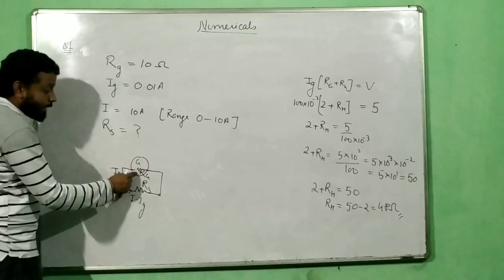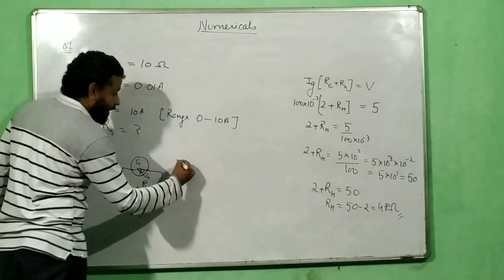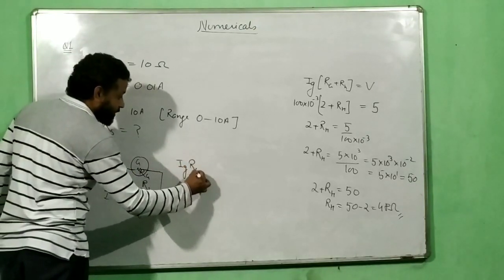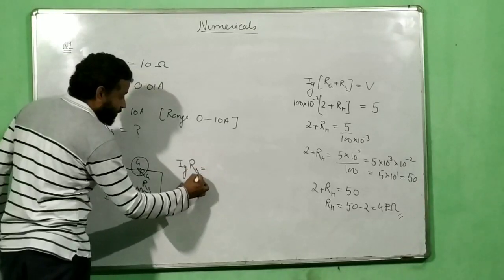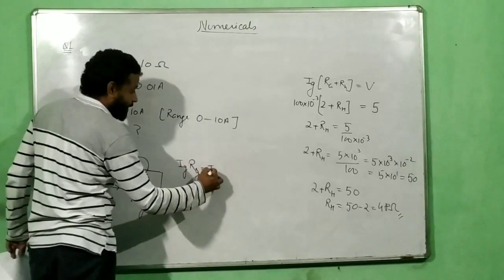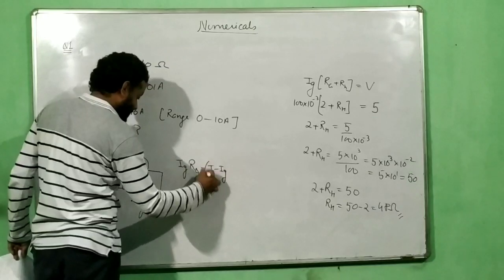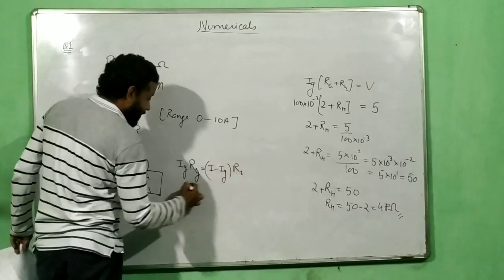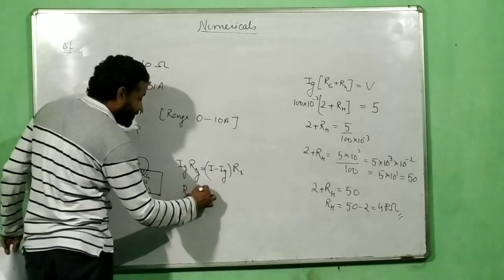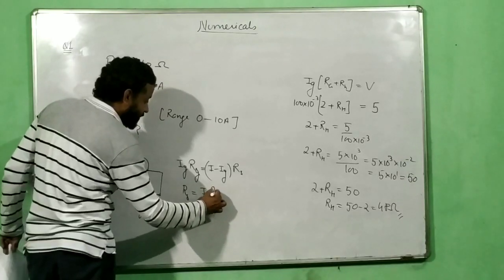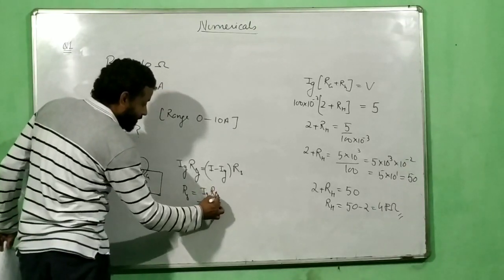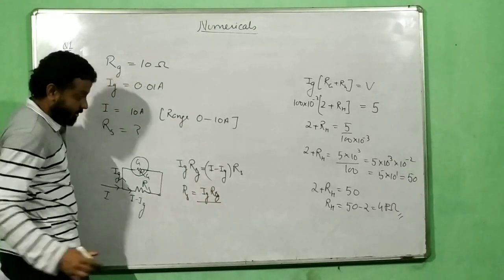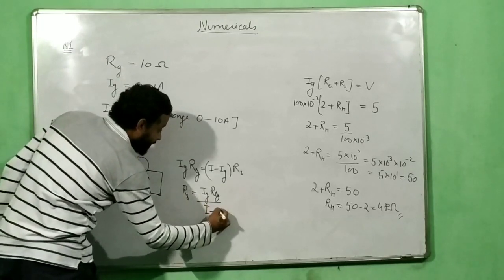Now these two are in parallel, so that means IG multiplied by RG must be equal to I minus IG into RS. So RS will be equal to IG into RG divided by I minus IG.